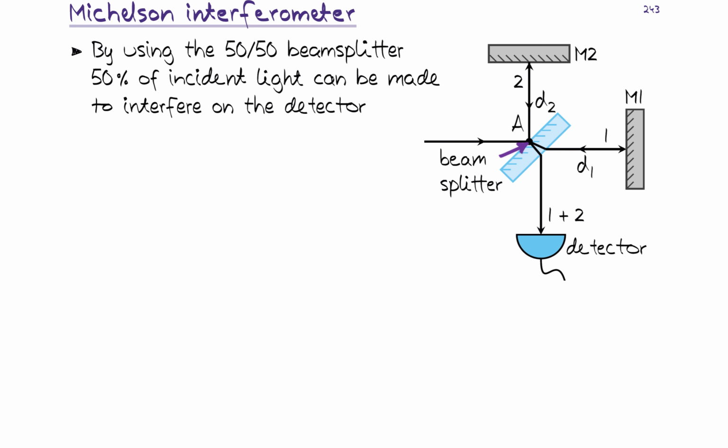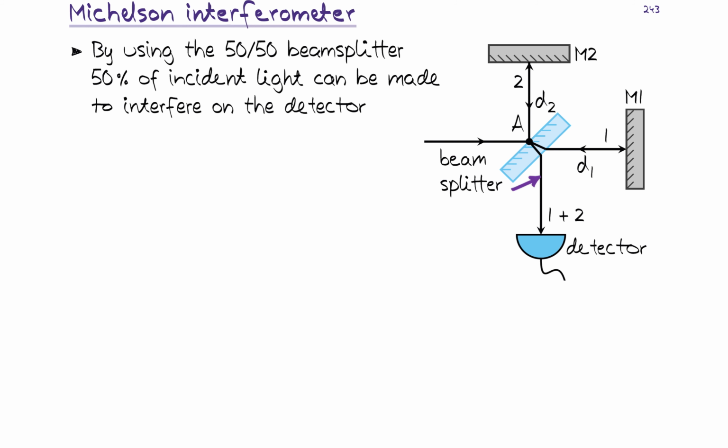So only 50% of light is actually now being transmitted into the detector, and 50% is being reflected back into the original direction from which the beam came from. So we are losing already 50% of the second ray of light. And then, 50% of the ray 1 gets through and forms the ray 1. And then here another reflection takes place.